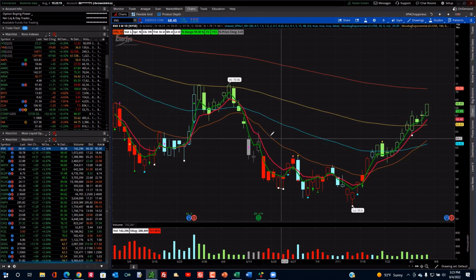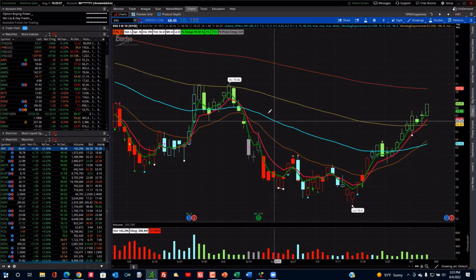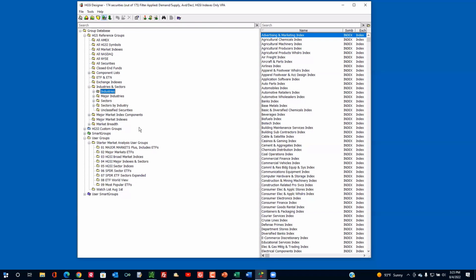I can just go to the trade tab, or you can click on trade up here. Or if I want to look to see if there are options, if I want to do a spread or sell premium or something, it's all right in here. But getting back to what's happening in HGSI is where the real strength comes from.